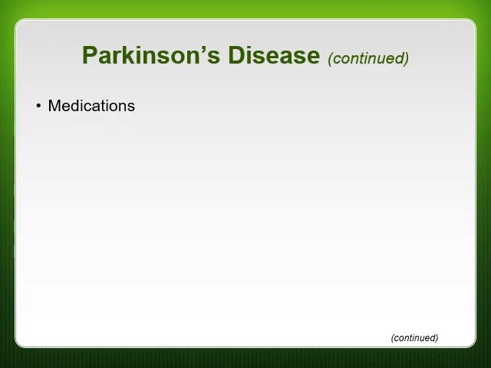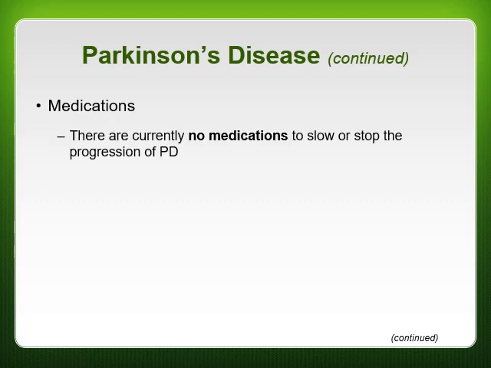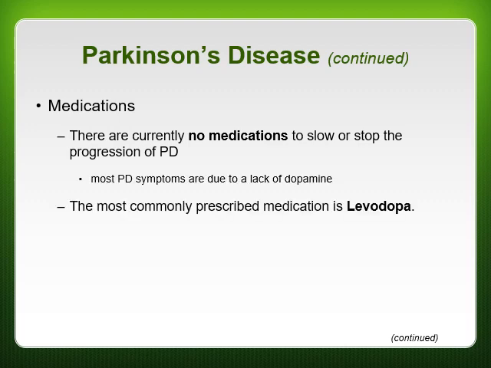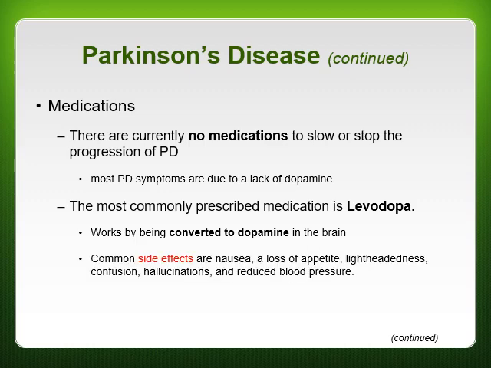Much like all the other things we're talking about, they take some meds, but usually they're going to be for correlated or comorbid conditions. No current medications to slow or stop the progression of PD. Most of them are due to a lack of dopamine, so they might give you this medication called levodopa, which works by being converted to dopamine in the brain so that there's more dopamine in the body.